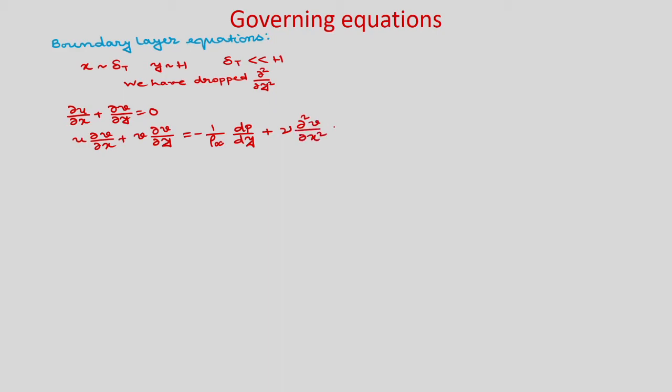Now you have the buoyancy term. So, what is your buoyancy term? The buoyancy term will become minus rho by rho infinity into g.